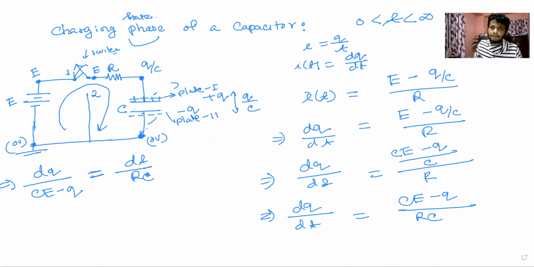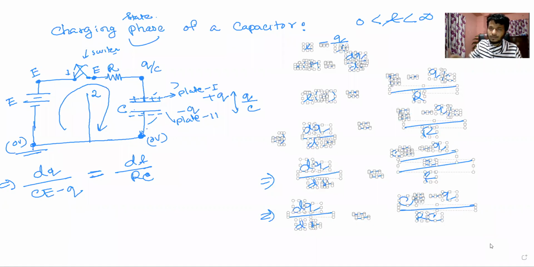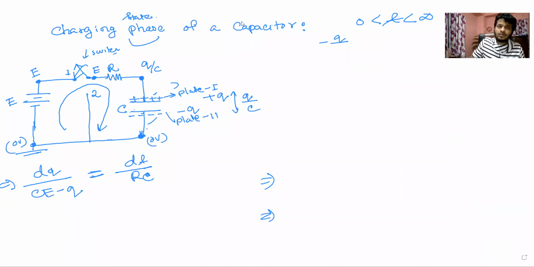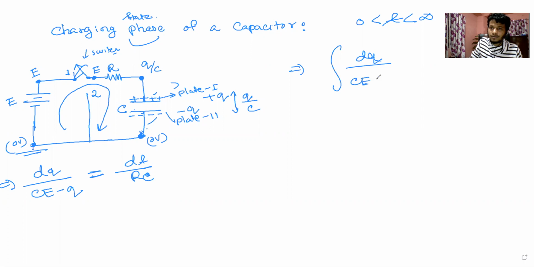Integration. That's correct. Now we will integrate both sides. We'll integrate the left side, dq upon (CE minus q), and the right side, dt upon RC.